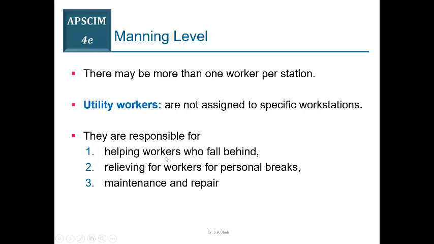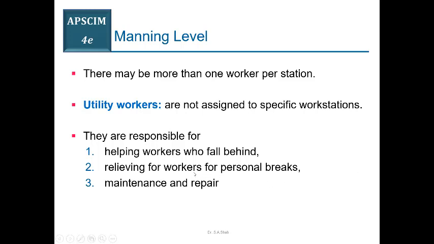So they may help the workers who will fall behind. अगर for example कोई worker जो है वो slow जा रहा है, so the utility workers go there and they help them to achieve that pace of the line. You know, जो मैंने आपको कहा ना कि you will have a specific cycle time and you must have to complete your assembly operation in that particular cycle time.